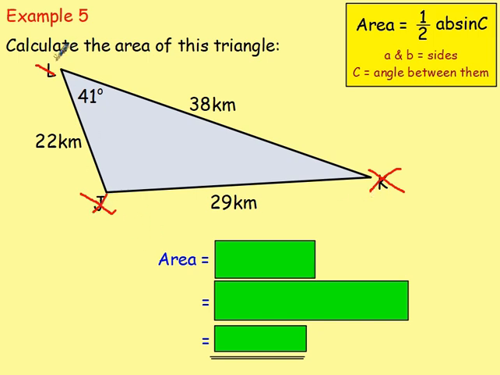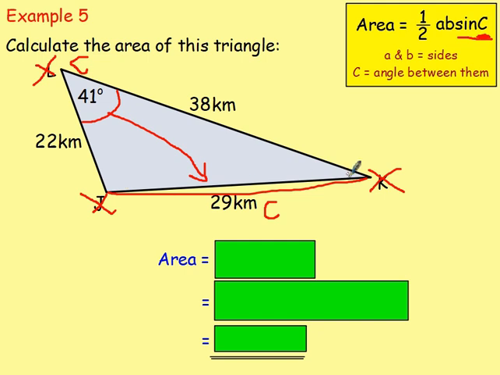Ignore them completely. We know the area of a triangle is a half AB sine C. C is the only angle, and the only angle here is the 41 degrees. So this angle is going to be C, meaning across from that, if you think about the last lesson with labeling the sides and the angles, that side has to be a lowercase c.